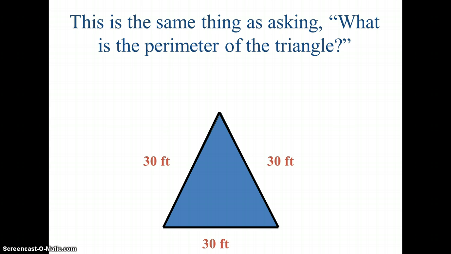In your notebooks, in your summaries, what kind of triangle is this? Name this triangle by its sides and circle your answer in the summary. Then find the perimeter. To find the perimeter of this triangle, I would simply add up all the sides of the triangle and get 90 feet.